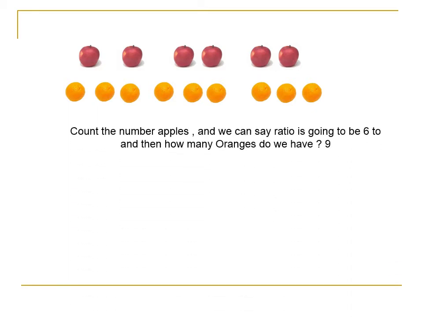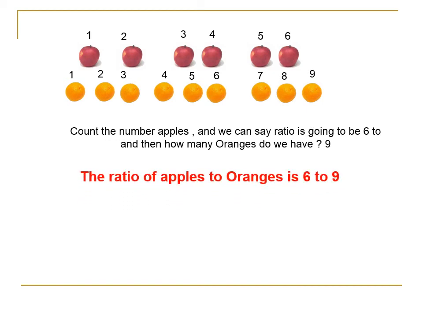We can literally count the number of apples. 1, 2, 3, 4, 5, 6. And we can say the ratio is going to be 6, and then how many oranges do we have? Yes, 1, 2, 3, 4, 5, 6, 7, 8, 9.